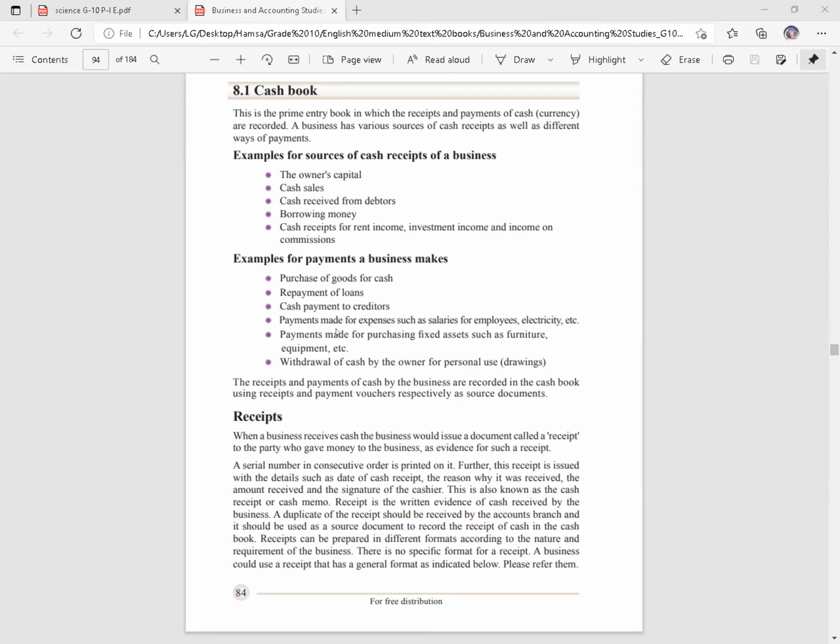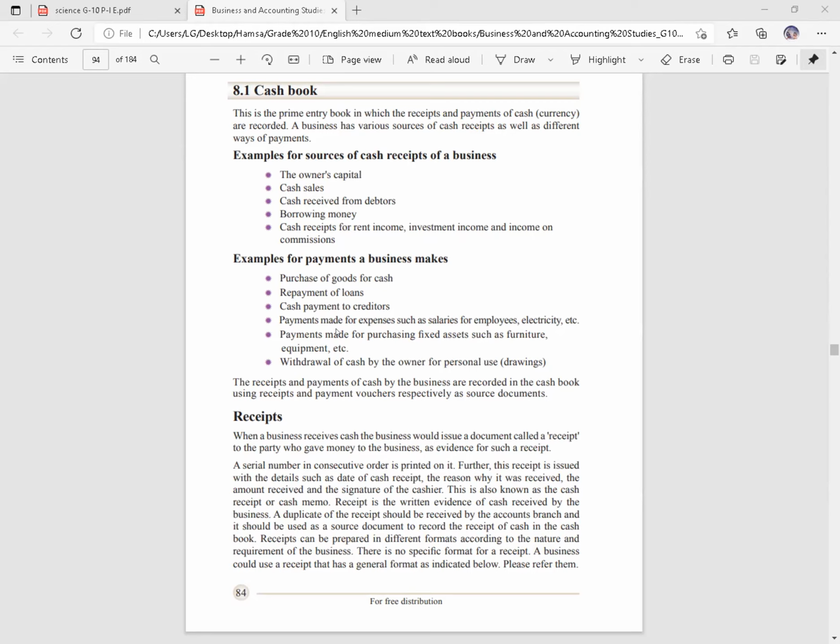Creditors means the persons who supplied goods without taking cash from us. Anyway, in future we have to pay them, right? When we pay that cash to the creditors, that will be a payment in a business.